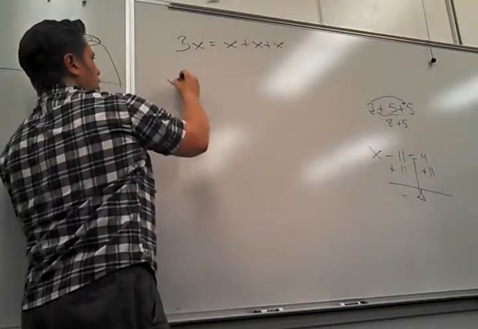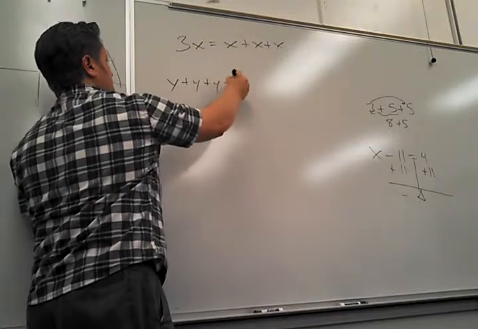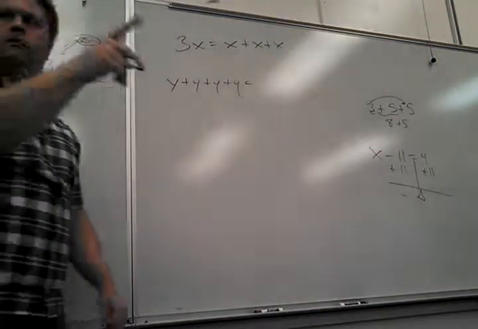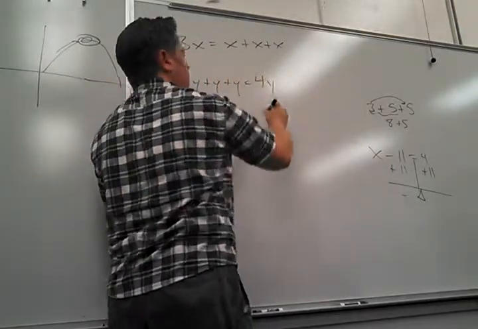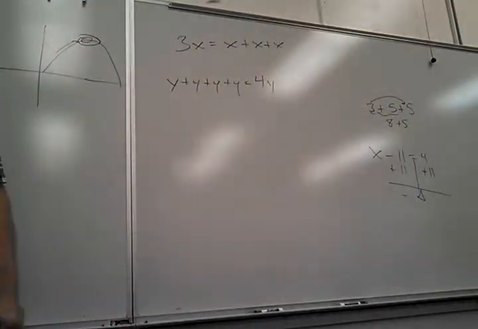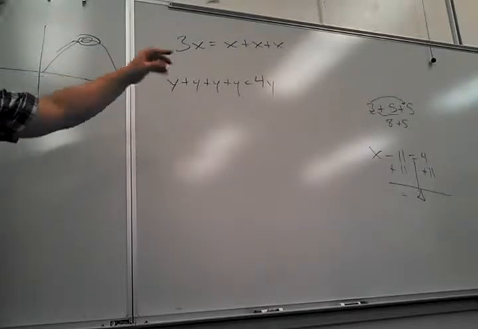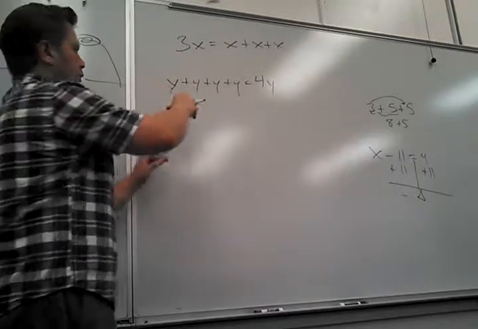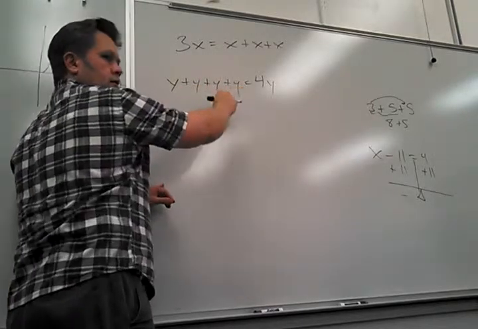So what would y plus y plus y plus y be? 4y, I love it. Not y to the 4th power, because a power means you're multiplying. I'm not multiplying here, I'm adding. Not y by 8? There's no 8 anything. How many y's are there? 4.